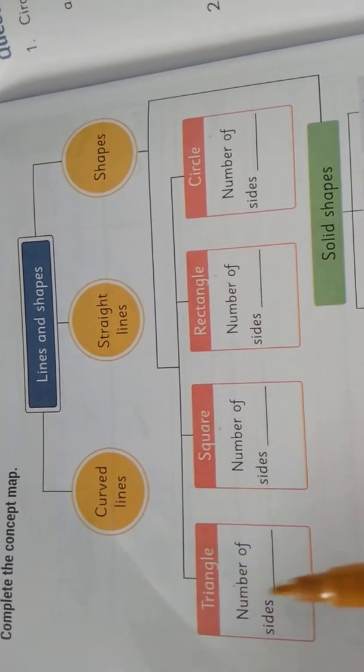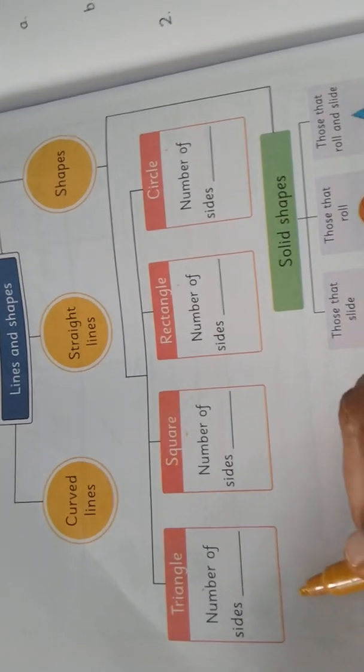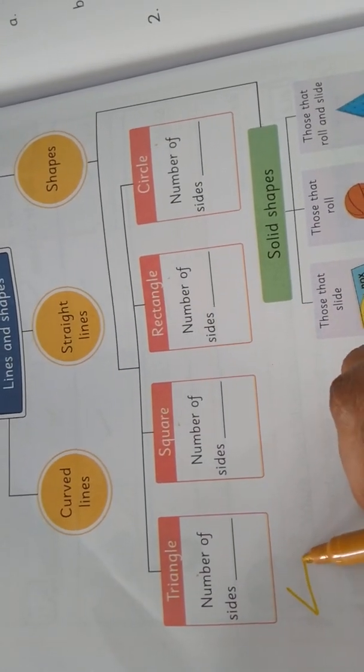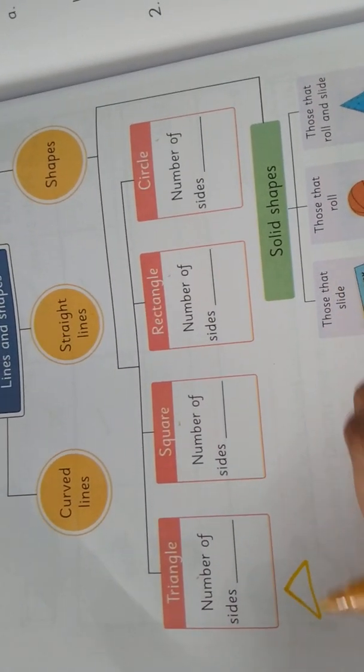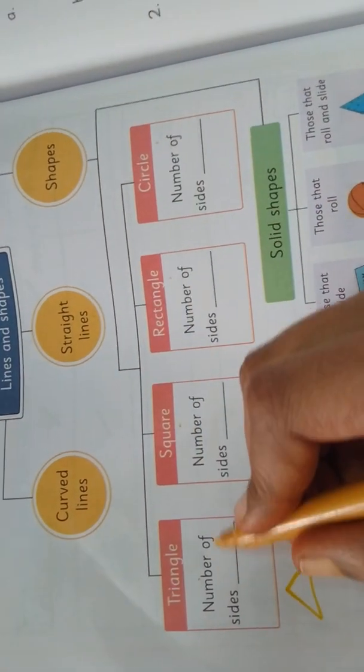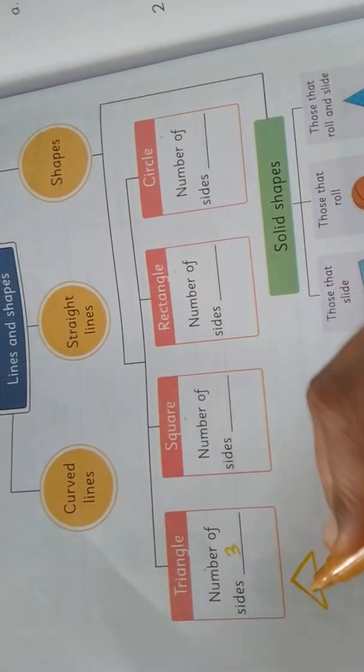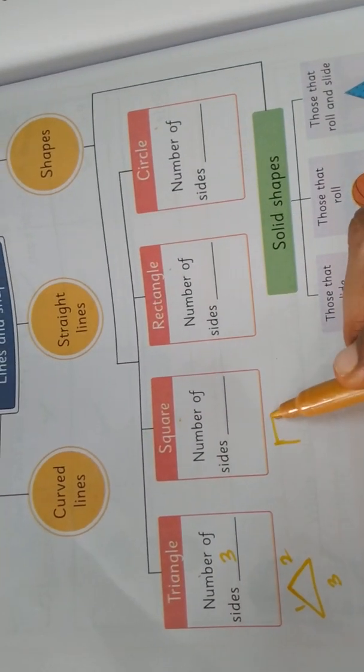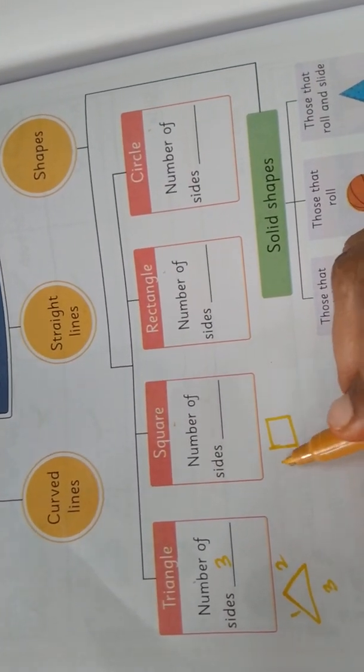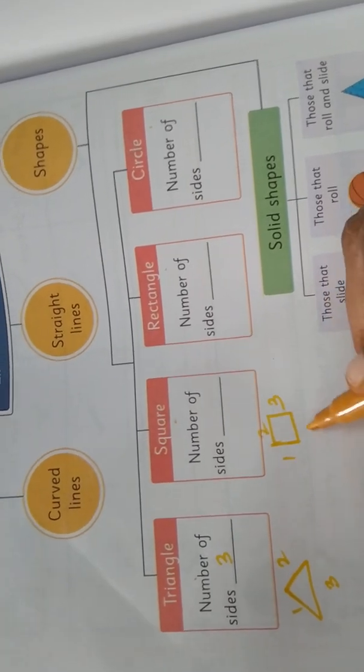How many sides does a triangle have? See here, triangle. Number of sides? 3. 1, 2, 3. See the square. How many sides? 1, 2, 3, 4. Number of sides? 4.